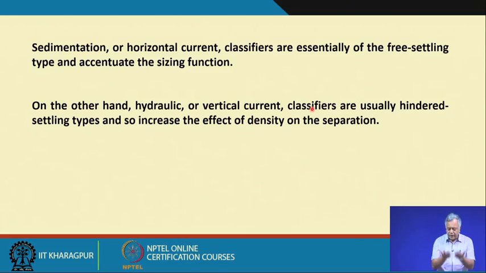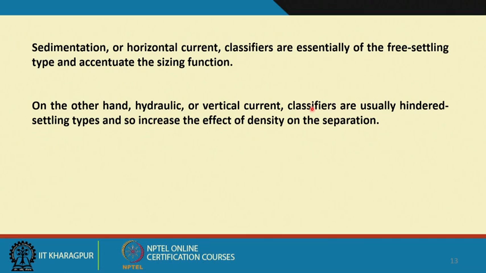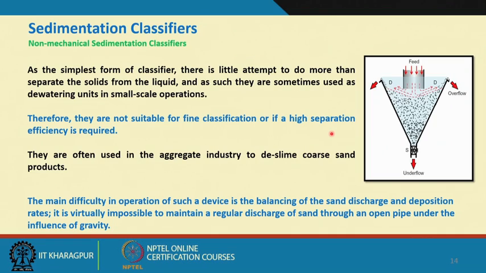So, it is a vertical current, it is not electrical current, it is basically the fluid movement in this direction. These classifiers are usually hindered settling types. So, in one case we are using the free settling principle, here we are using a hindered settling based principle, and so they increase the effect of density on the separation. We will try to explain it through some of the classifier designs I will show you.